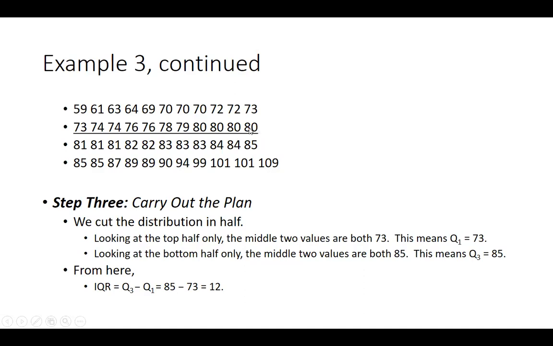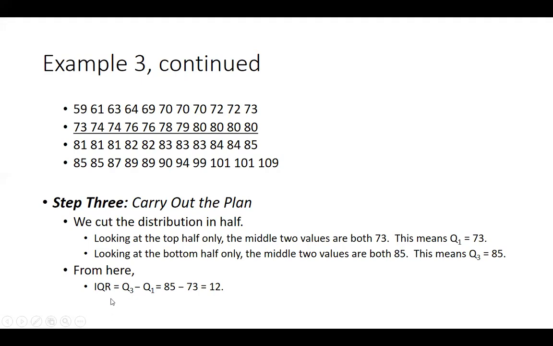We can see the median would be between 80 and 81, so 80.5, but we don't need Q2, we only need Q1 and Q3. So looking at the bottom half only, halfway is between 73 and 73, so Q sub 1 is 73. Looking at the top half, 85 and 85 are the middle values. Halfway between would be 85 again. So Q sub 3 is 85.